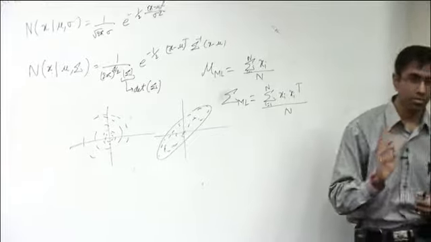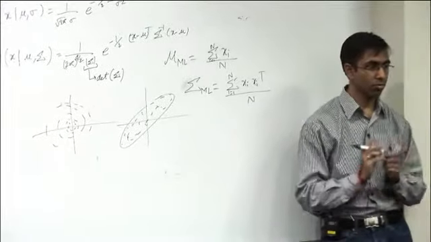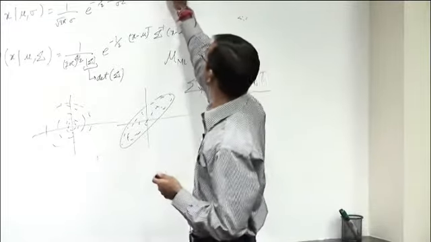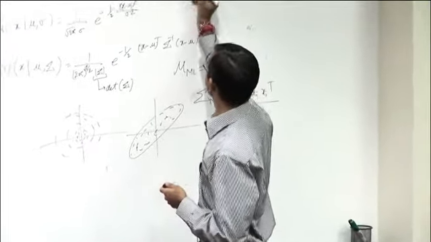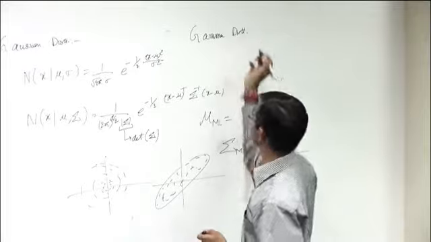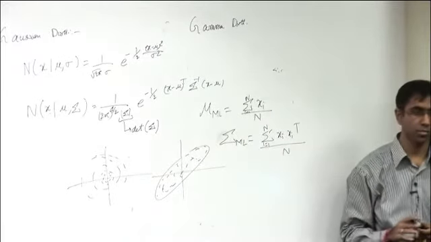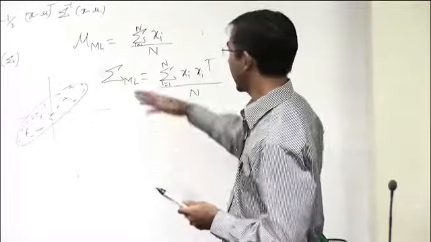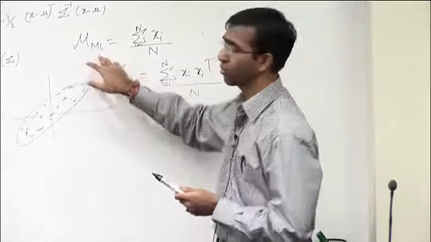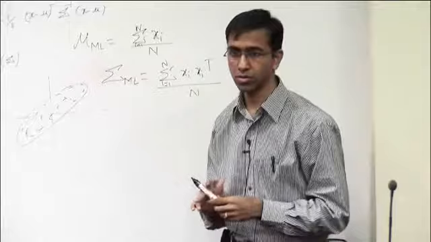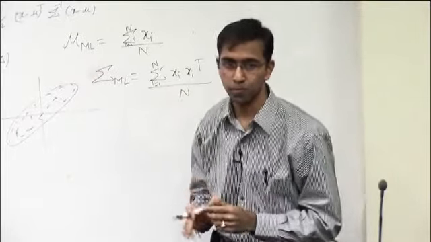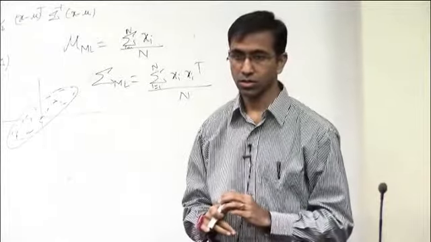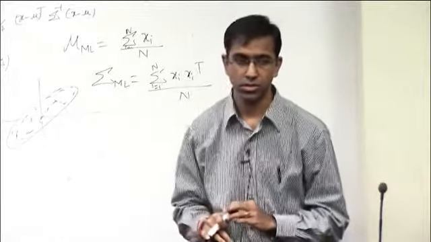Similarly, you can define MAP estimates based on one very popular conjugate prior called the gamma distribution. That distribution is a little bit more clumsy and hard to explain, but you can look in the book, and you will get very similar forms for your MAP estimates also. So any questions or comments?